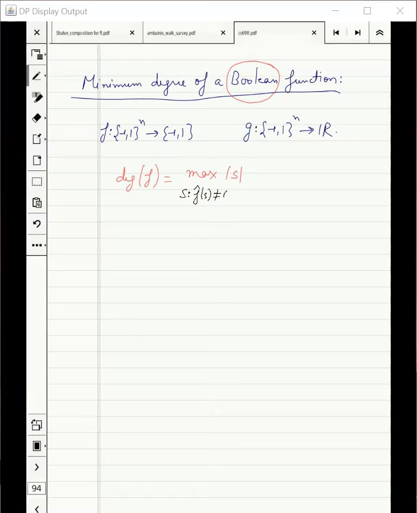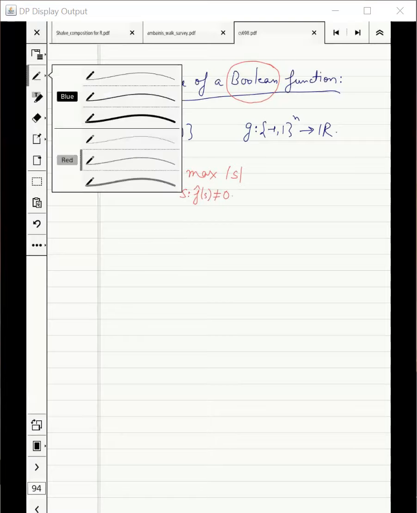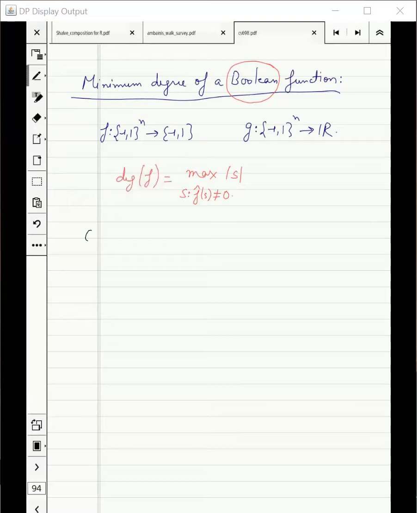This is the definition. Knowing this, can you tell me what is the degree of OR function or AND function on, let's say, n variables?